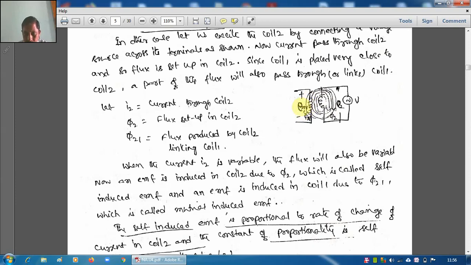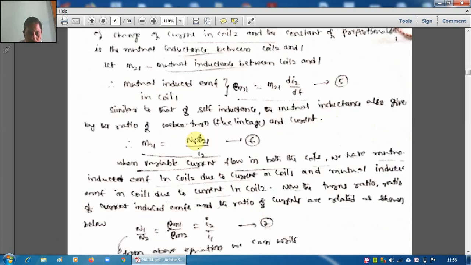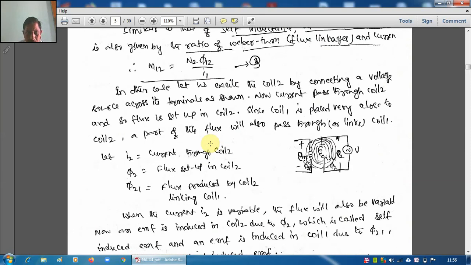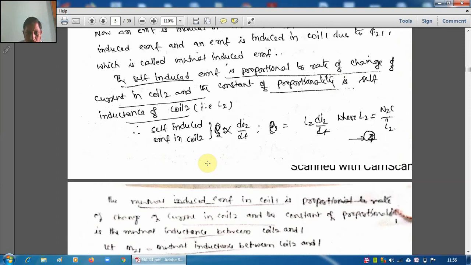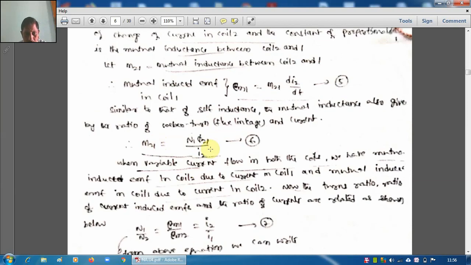Based on this definition, you can directly write the mutual inductance of coil 2 to 1, M21, as N1 phi 21 by I2.